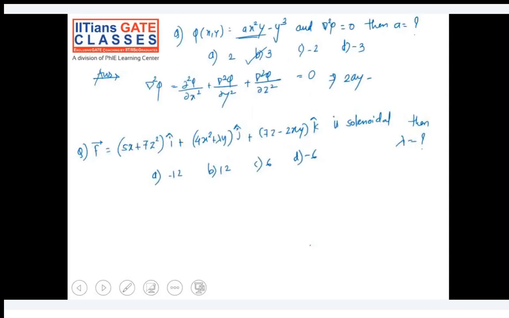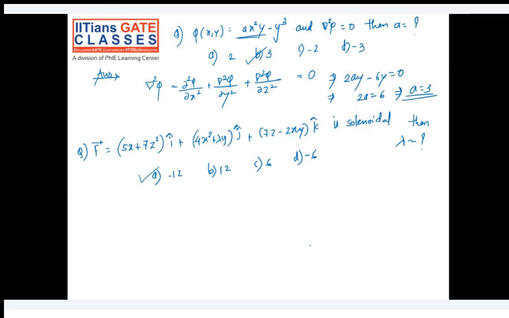And for the second one, minus 12 is the correct answer. What they have said is solenoidal. Solenoidal means the divergence of the vector is 0. So if you take a dot product, differentiation of the first term with respect to x is phi, differentiation of the second with respect to y is lambda, differentiation of the third with respect to z is 7, equal to 0.